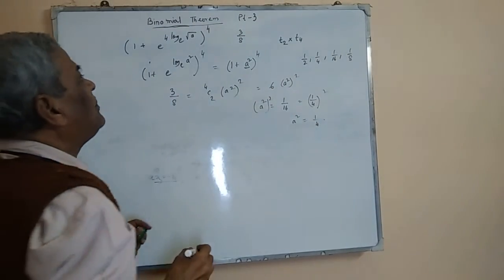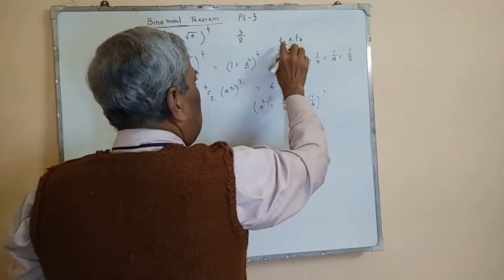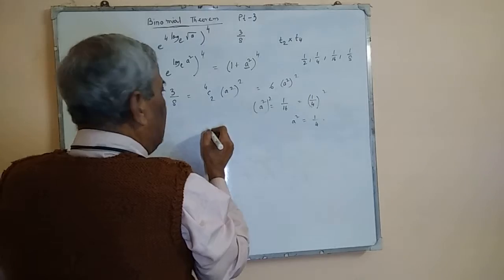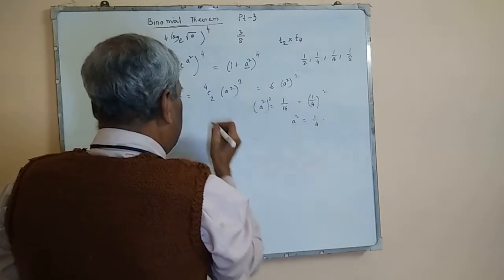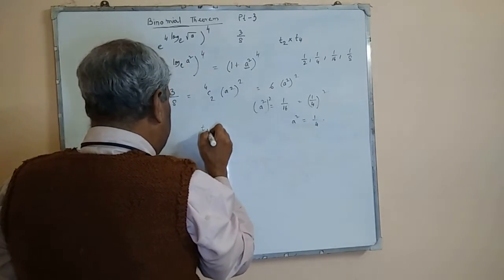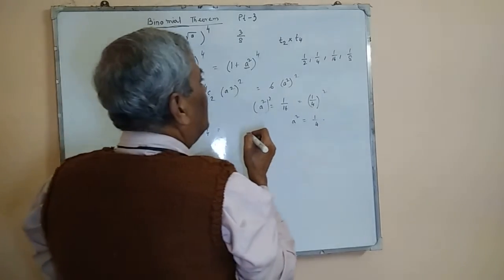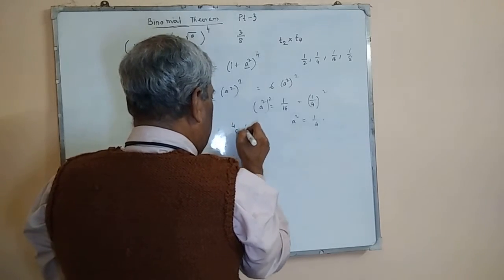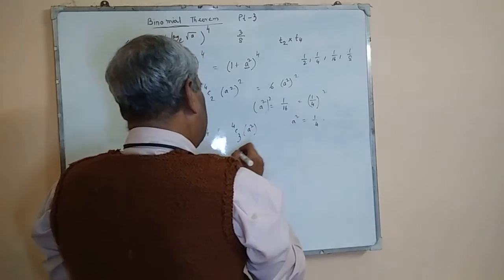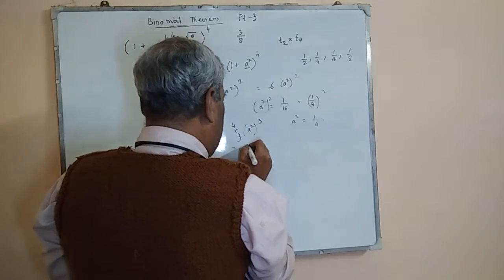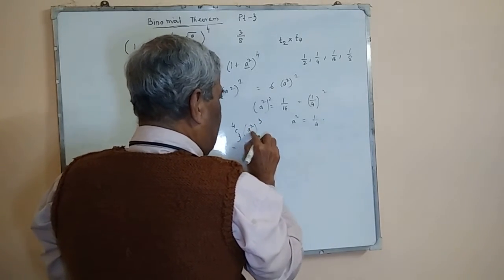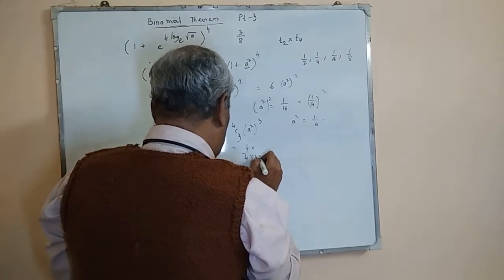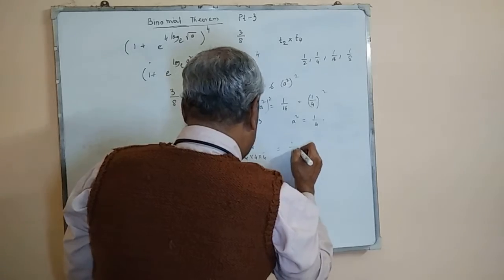Now the question is, the product of second term and fourth term is how much? So we have to find T2 and T4. First find T4, it is equal to 4c3 a square to the power 3, that is 4 into 1 by 4 to the power 3, that is 4 into 4 into 4, that is 1 by 4 square.